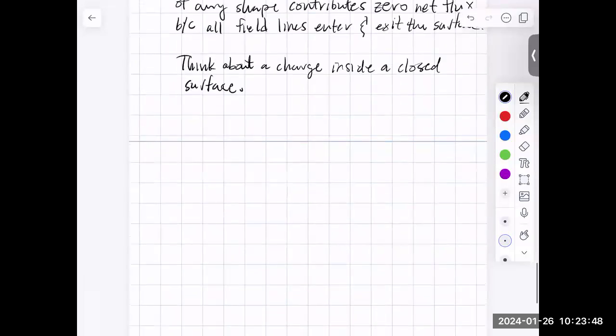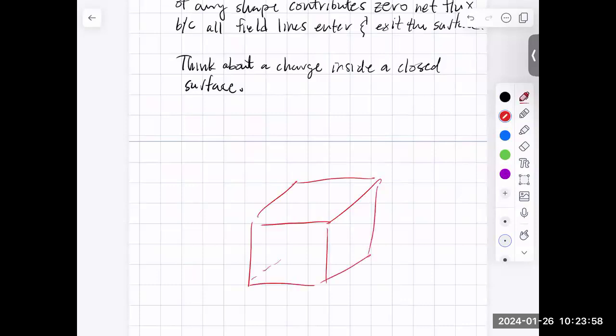Okay, so I'll go back to my cube for no particular reason other than it's easy to draw. So here's my cube, and some hidden lines in here. And let's put our point charge right in the middle of this cube. So this is inside, Q greater than 0, let's say.